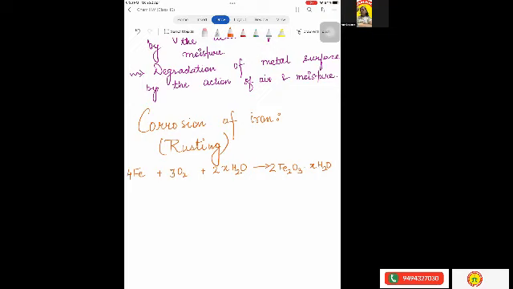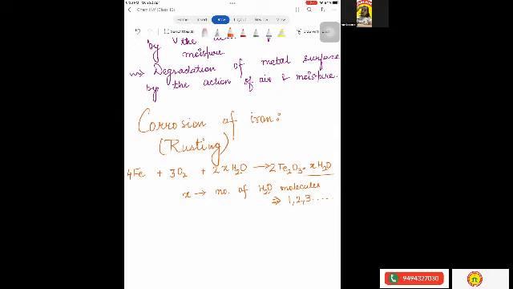Children, before you ask, this X represents the number of water molecules. Because the number of water molecules differs from place to place, we write X, and it starts from 1 and so on. Now, what does this dot XH2O represent? This is the fixed number of water molecules which are attached with the iron.